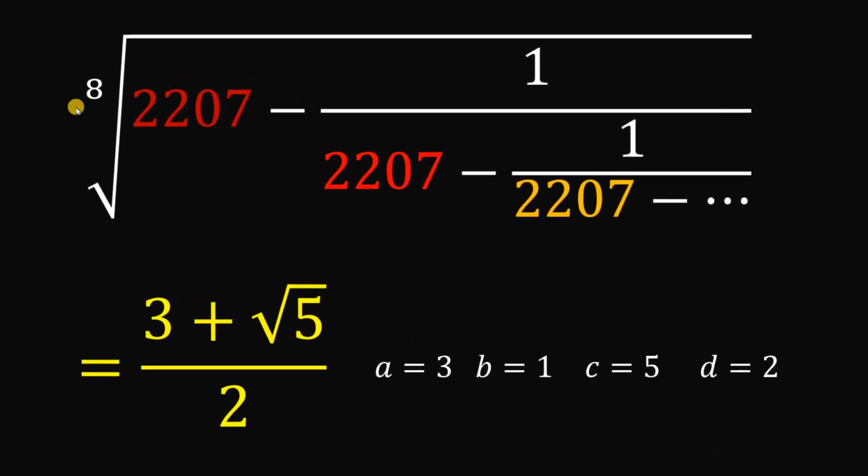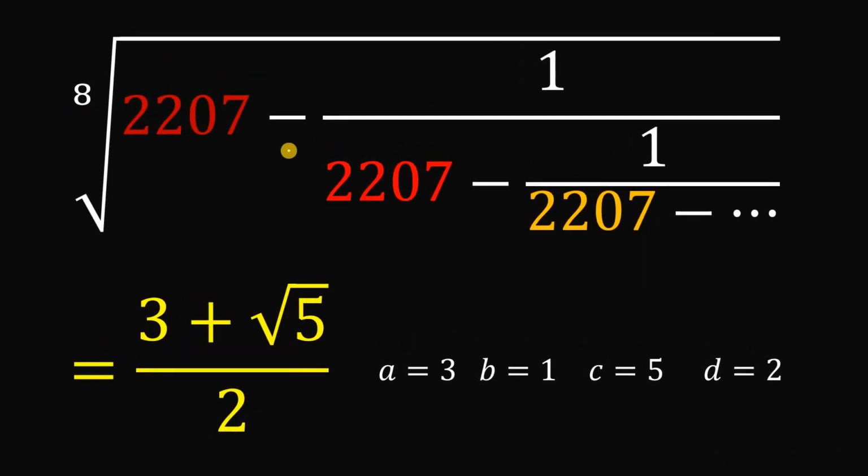Therefore, given the 8th root of 2,207 minus 1 over 2,207 minus 1 over 2,207 minus until infinity, the numerical value of this is 3 plus square root of 5 over 2. And the values of A, B, C, and D are 3, 1, 5, and 2, respectively. And as always, we are done.